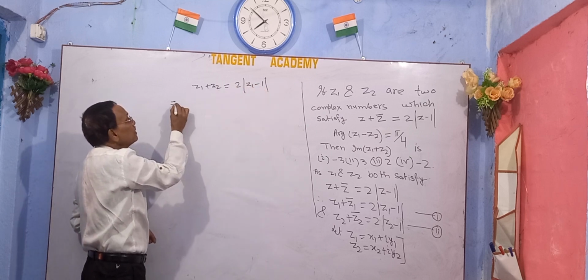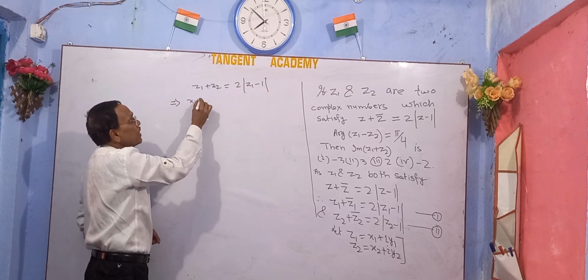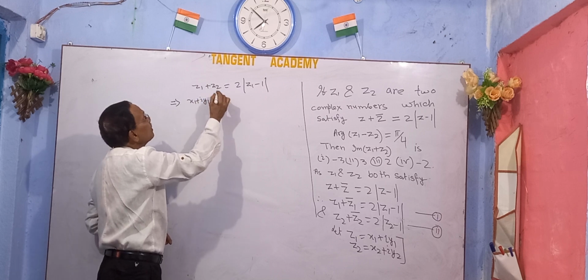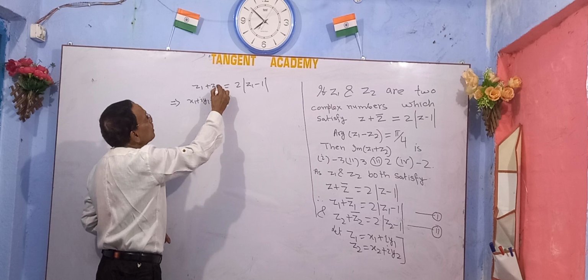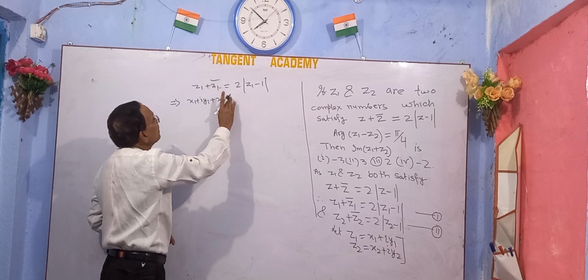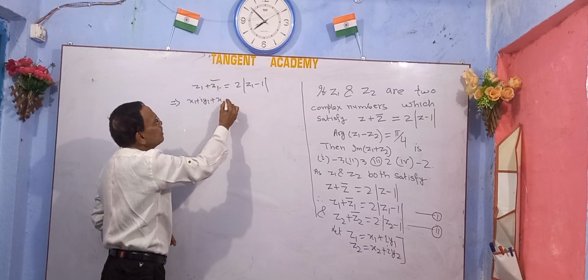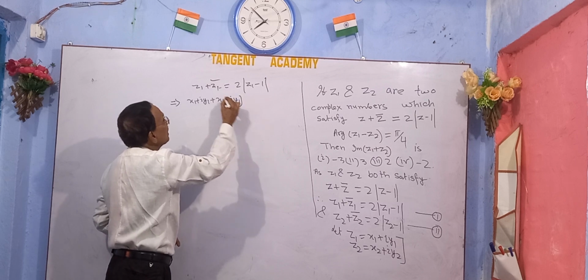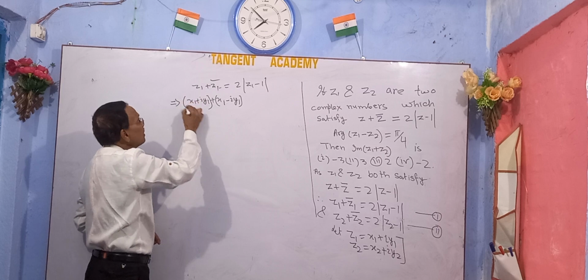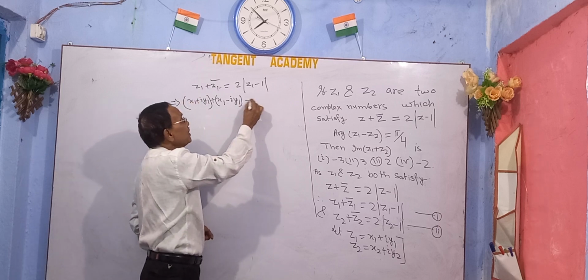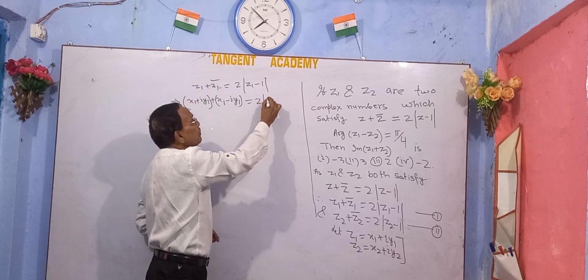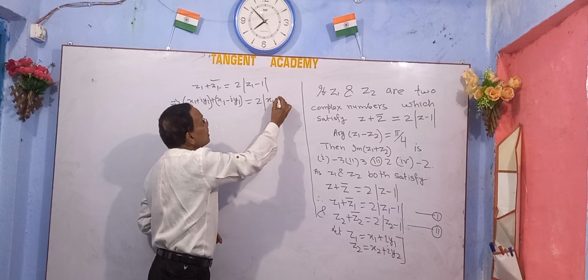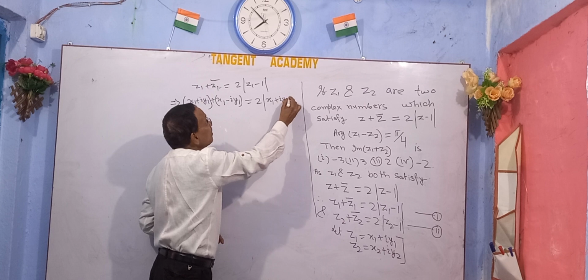This implies x1 plus iy1 plus x1 minus iy1 is equal to 2 times the value of Z1 put here, x1 plus i of y1 minus 1.